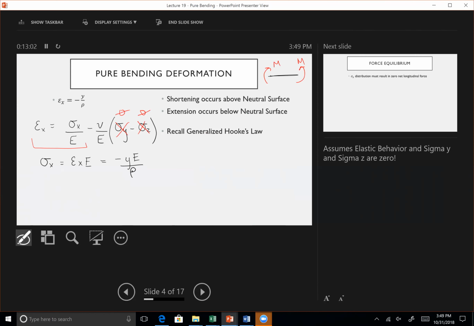Okay, so now we have an equation for our stress. Now notice that both our stress and our strain are linear functions of y.